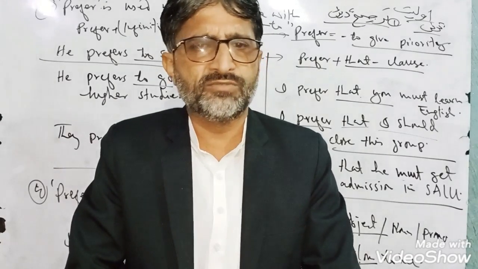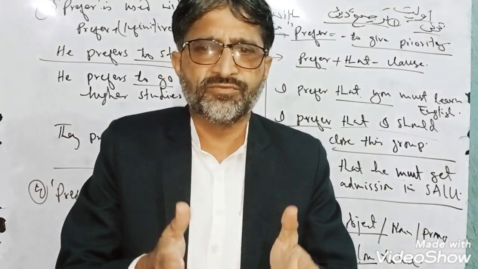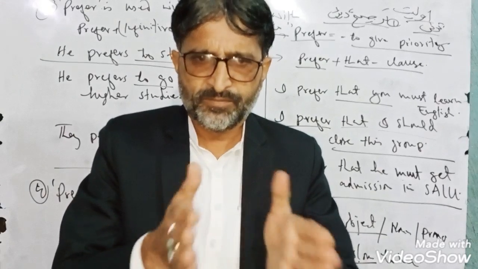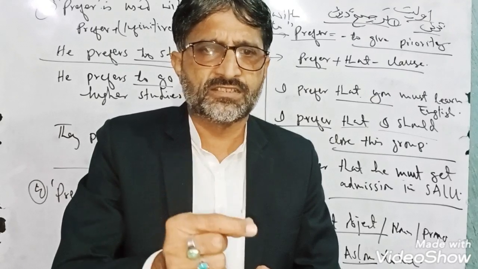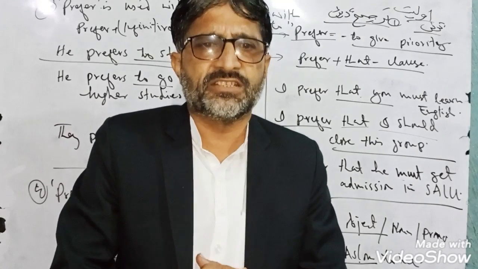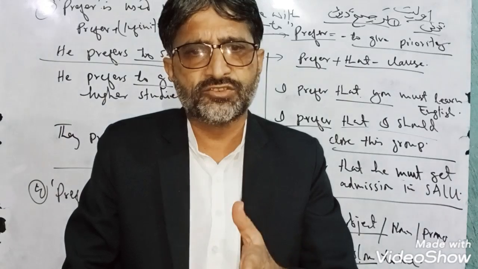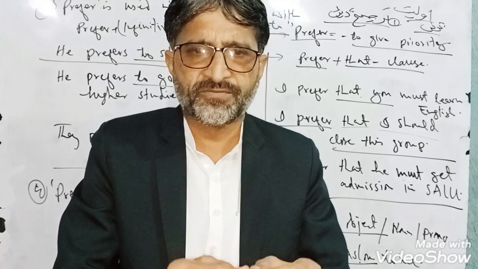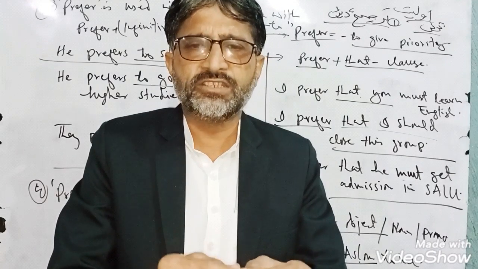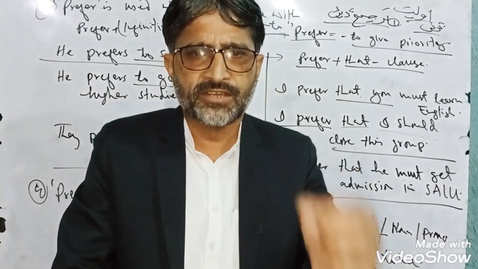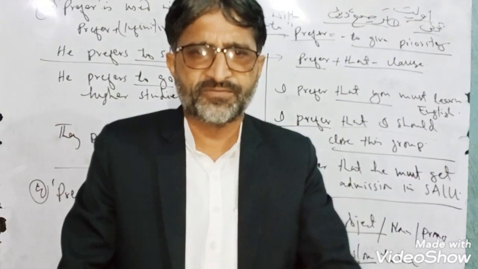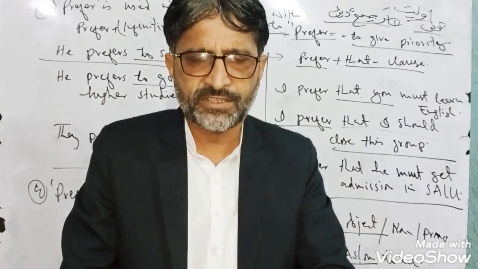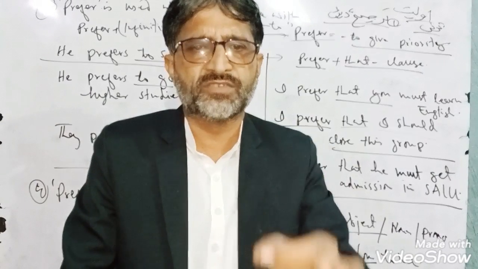You see here, when we say prefer, it means we are going to use it in a structure. Prefer is going to take a direct object, and prefer is going to use that clause also. It means we can use prefer with that clause, with a noun, with a pronoun, with an infinitive, and with a gerund.